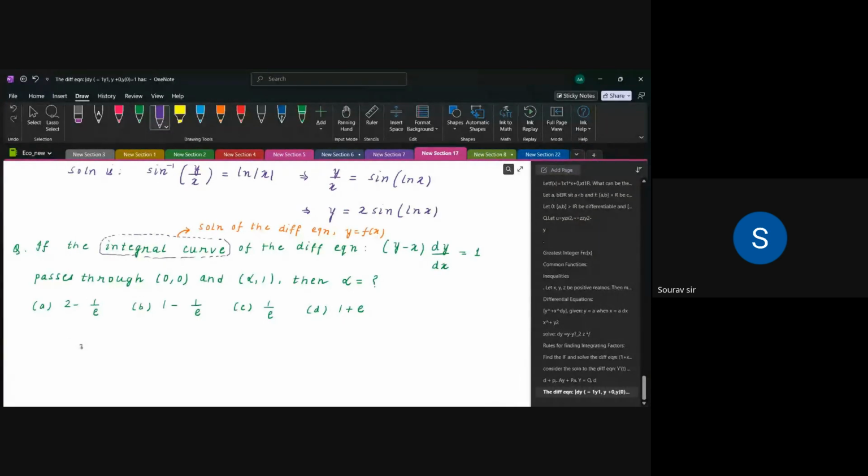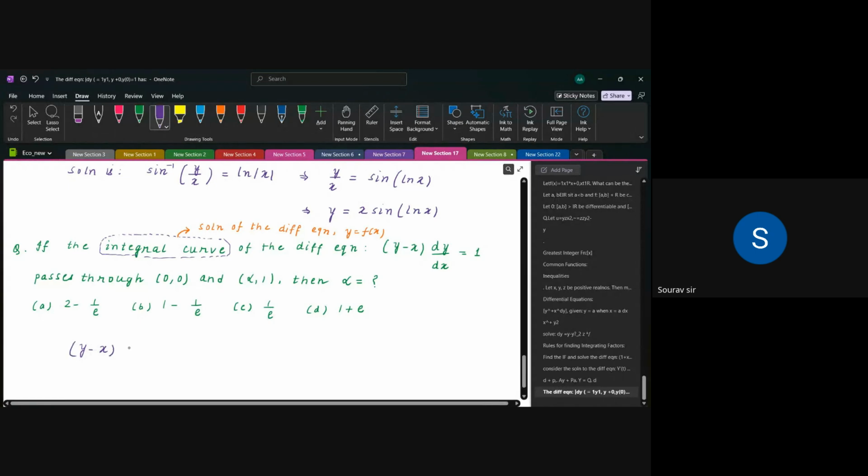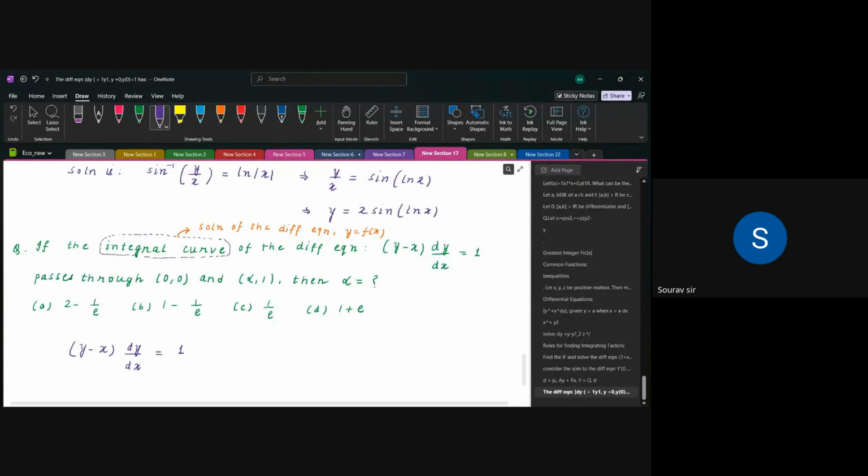The differential equation is y minus x whole into dy by dx equals 1.